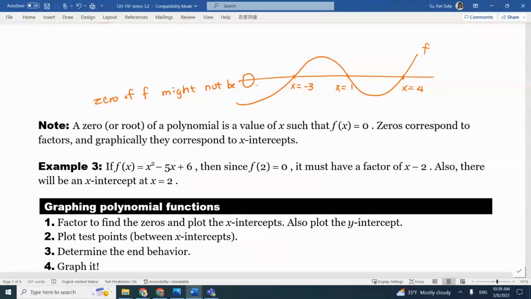Okay. Example 3. If f of x equals x squared minus 5x plus 6, then because f of 2 equals 0, it must have the factor of x minus 2. And there will be an x-intercept at x equals 2. How do you factor it?